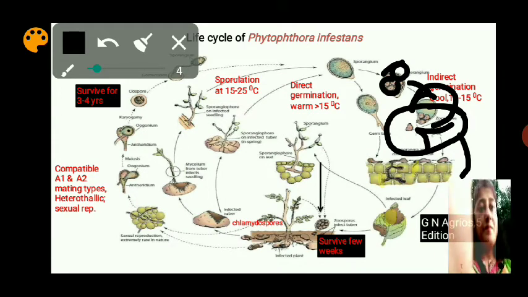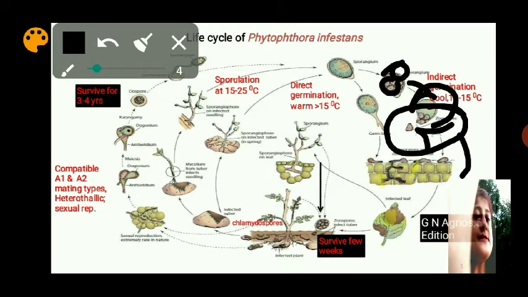When the hosts get affected, zoospores are released through the stoma or through the leaf surface. They are released, or through the vascular system they migrate to the soil, and there they infect new tubers.